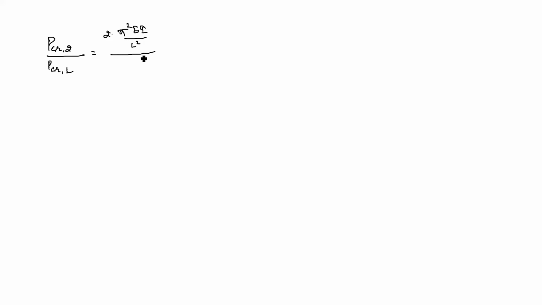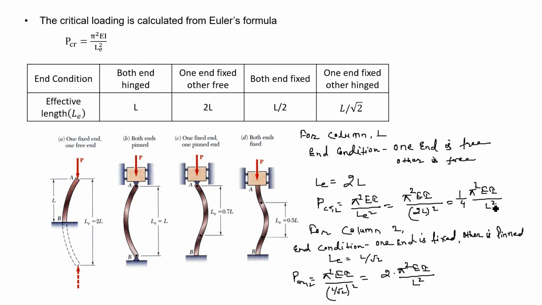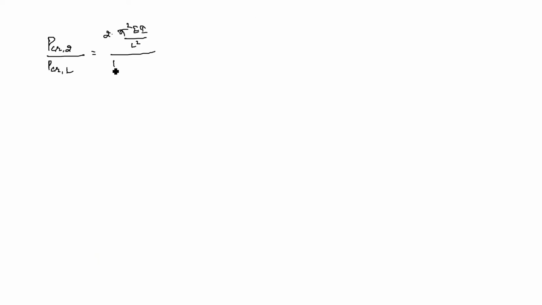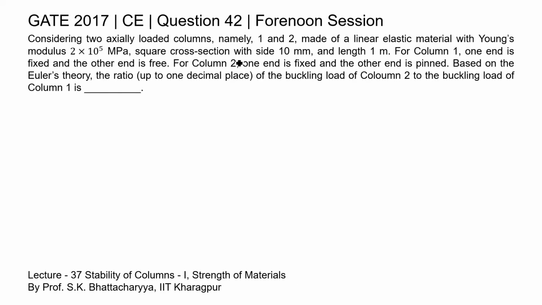And for column 1, the critical loading comes as 1 by 4 pi square EI by L square. Here this pi square EI by L square is common, so this will be cancelled out. So the ratio will come as 2 into 4, that is 8. So the ratio of the buckling load of column 2 to the buckling load of column 1 is 8. So here 8 is the correct answer for this question. Thank you.